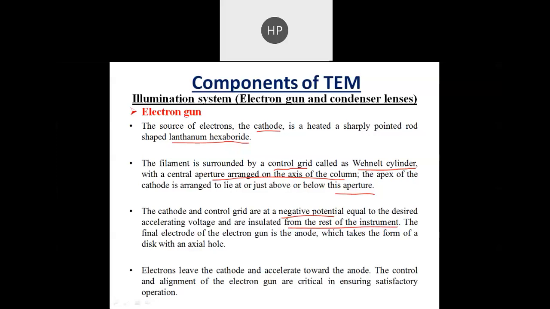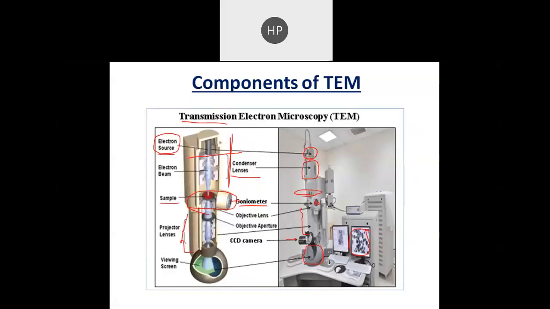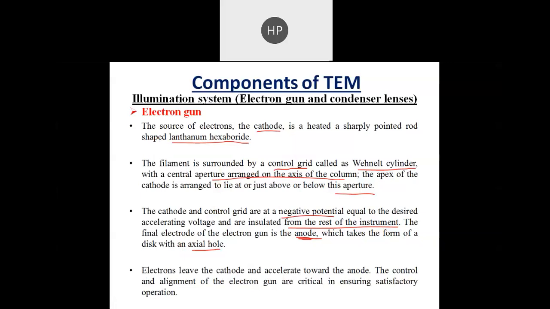The final electrode of the electron gun is the anode, which takes the form of a disc with an axial hole. Here at the center we have the cathode, then the anode, and that anode has a central hole.